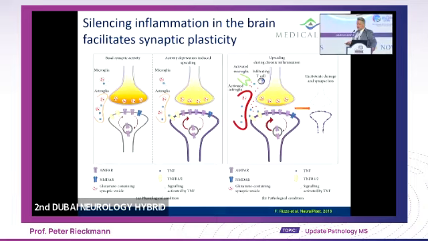This is synaptic plasticity. And that is highly impaired by these mediators, which are secreted by the activated microglia and macrophages. So we still have a chance by reducing this to readapt synaptic plasticity.